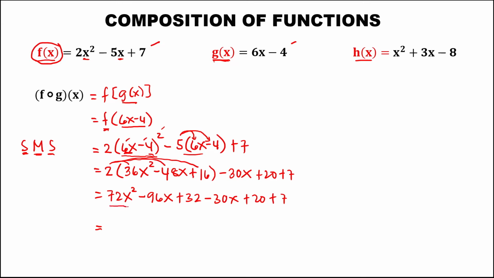So bring down 72x squared. Then we can combine negative 96x and negative 30x, so this is negative 126x. Then for the constants, positive 32 plus positive 20 is 52, and 52 plus 7 is positive 59.